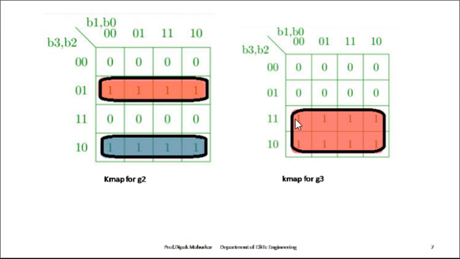In G3, an octet will form, eight ones, so it all cancels. Only this one changes, so the only remaining variable is B3. So G3 is equal to B3.